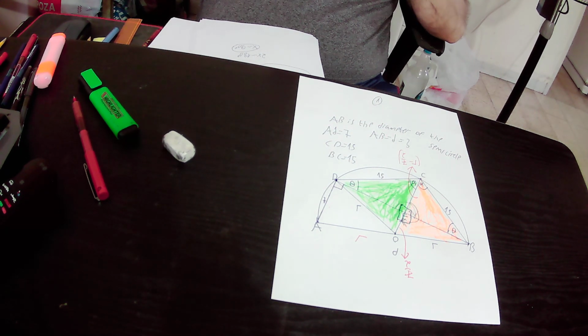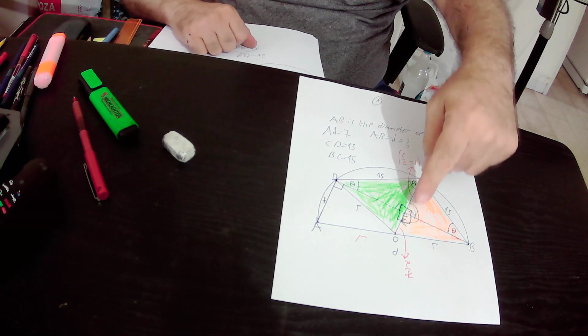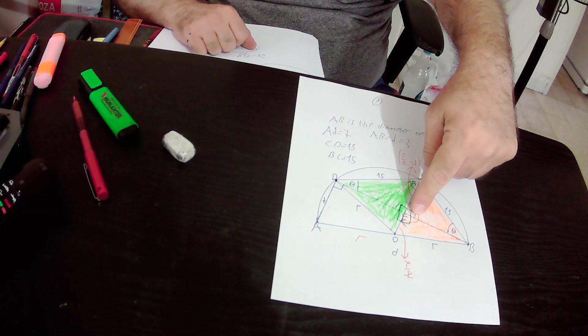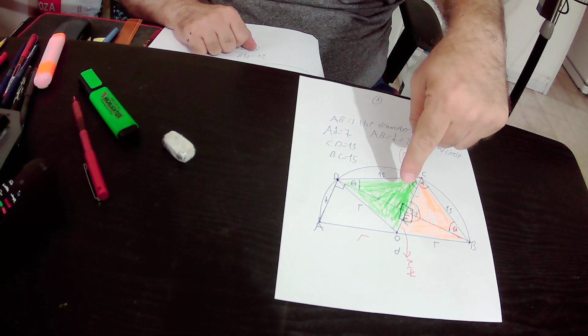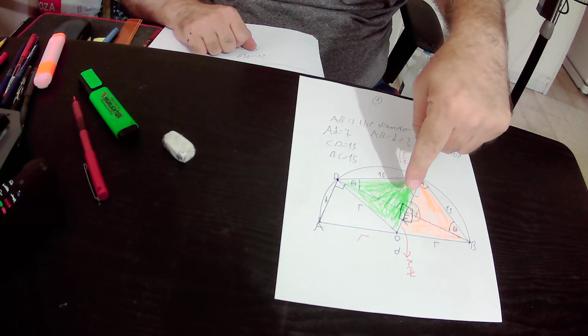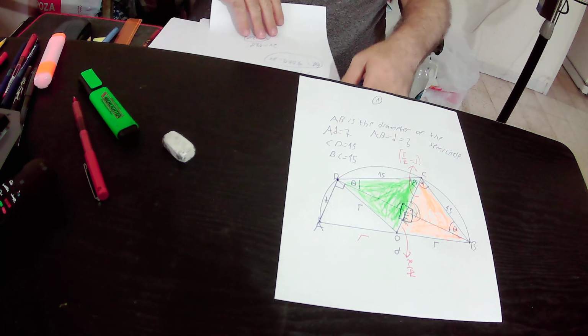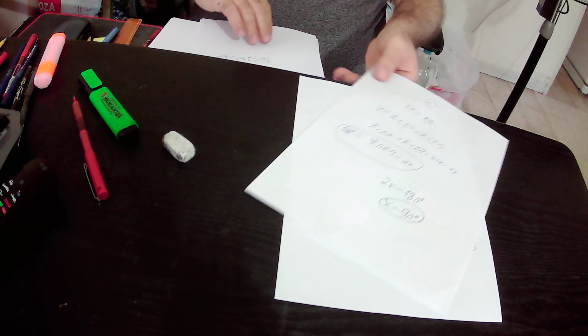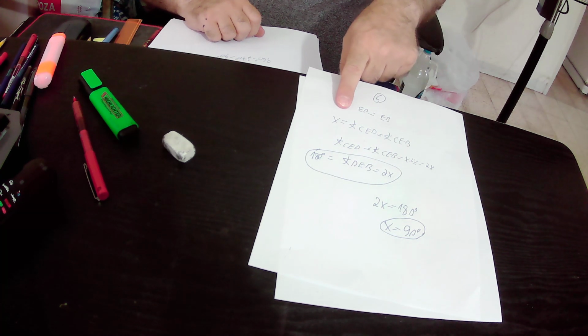Okay, and we define angle CED as x, therefore angle CEB is also defined as x. Both those two angles equal x.